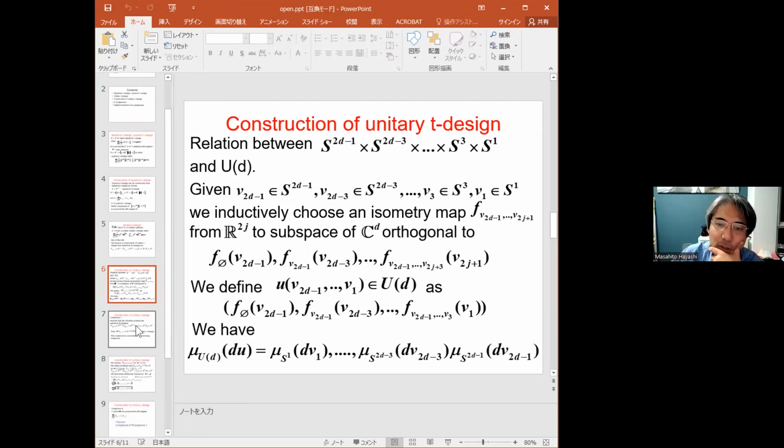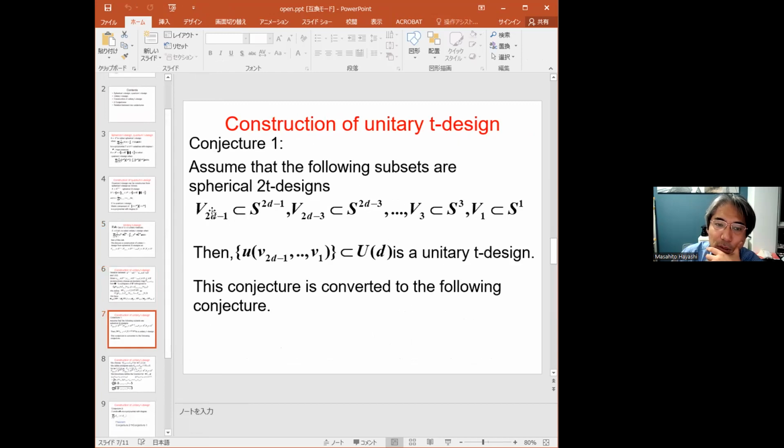This is a construction. Firstly, we choose a spherical 2D design. Once we have a spherical 2D design, we can identify the minimum number for each spherical 2D design. Then, combining all these, we found this number.